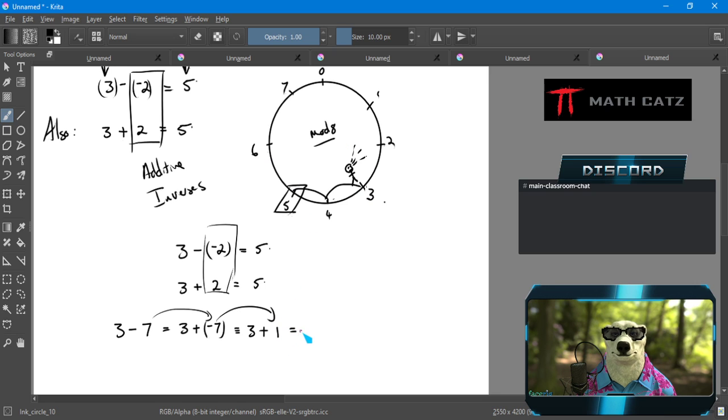And therefore the answer is 4 mod 8. So that allows me to honestly not do much at our level. It allows me, when things get complicated, to rewrite sentences from one operation to another by exploiting the properties of additive inverses.